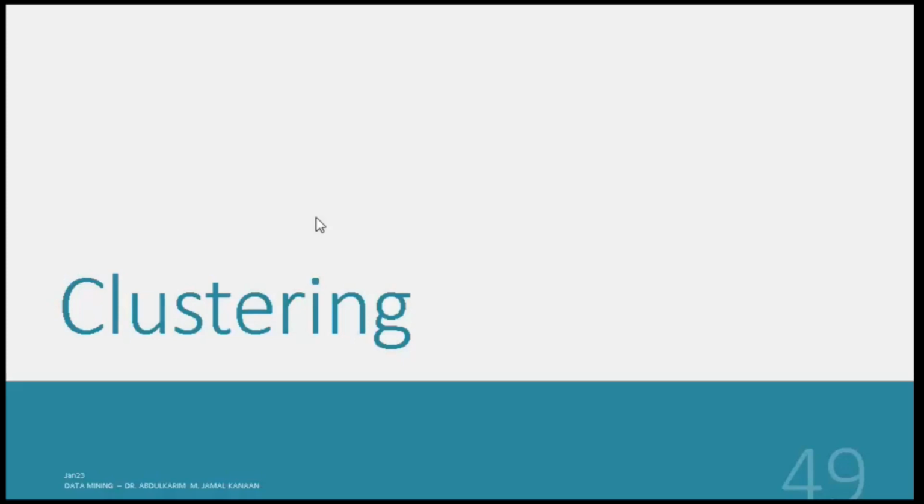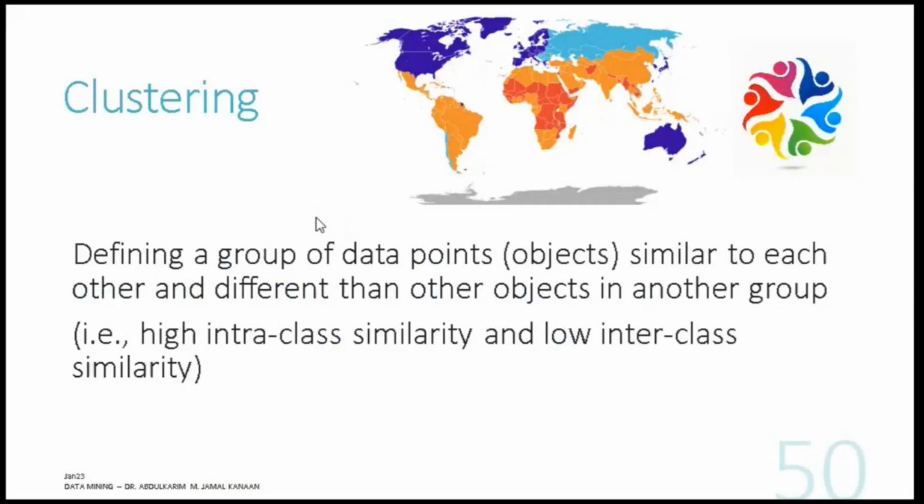So clustering is one of these tasks which can help you group up objects together that are, of course, more similar to each other. Clustering means defining groups of data points. Data points means records. So we have a table, a data set, an Excel file sheet.